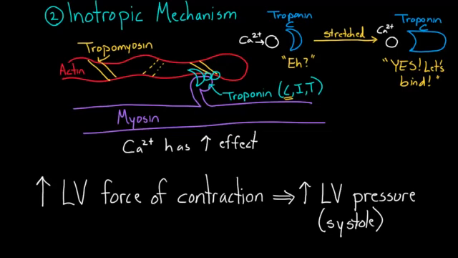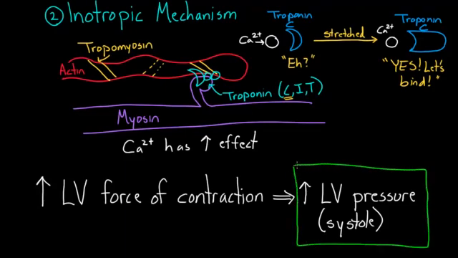The actin and myosin is actually going to be able to bind more easily to each other, and also the calcium has a bigger effect, kind of freeing up the actin, and at the end of the day you get this larger left ventricular pressure during systole. So really, diastolic preload, or what happens at the end of diastole, which we call preload, is going to have a huge effect on the left ventricular pressure during systole.